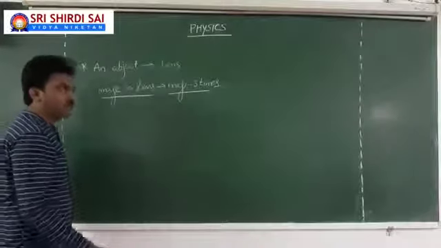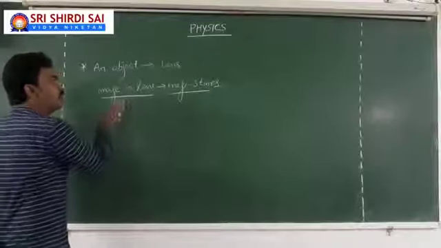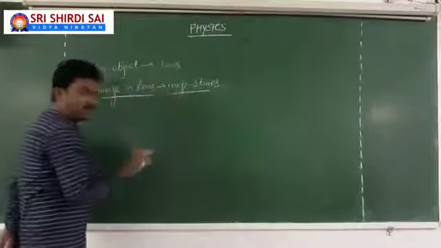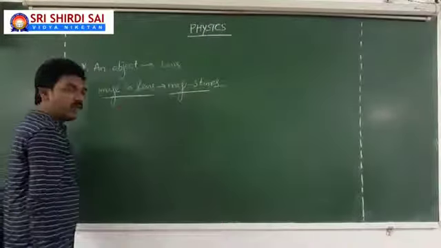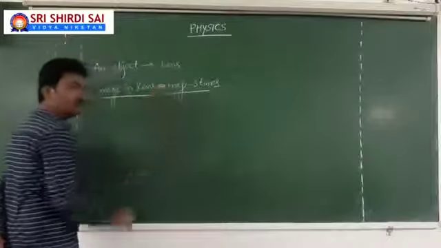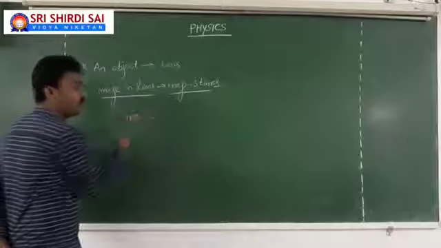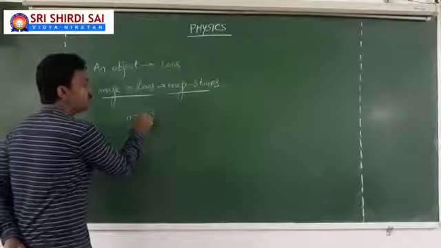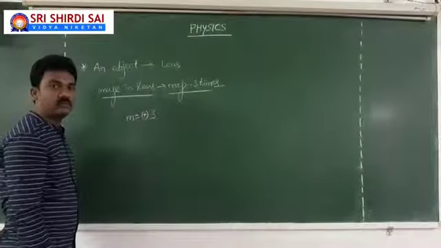Now, the point is, as the image is observed in the lens and magnified 3 times, you can say it is a virtual image and it is a magnified image. As it is magnified 3 times, m equal to 3. As it is a virtual image, it is plus. So m equal to plus 3 from this data.